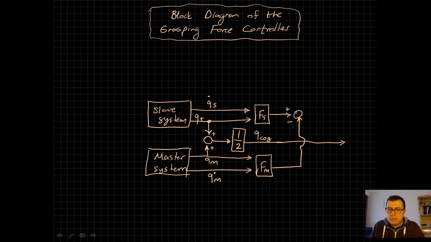So add this and this. And from this, just subtract F grasp reference.